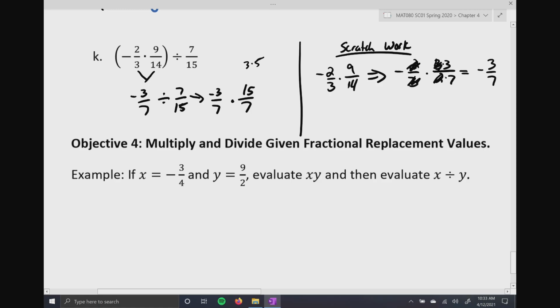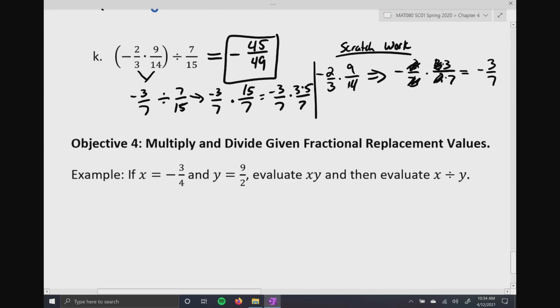But if you notice, the 3's are on the same side. Let me go ahead and rewrite that so you can actually see it. See, the 3's, although you see them, they're both in the numerator. There's nothing you can do there. So you legit have to multiply all this out. So, negative 3 times 15, negative 45. And 7 times 7 is 49. And there's your final answer.